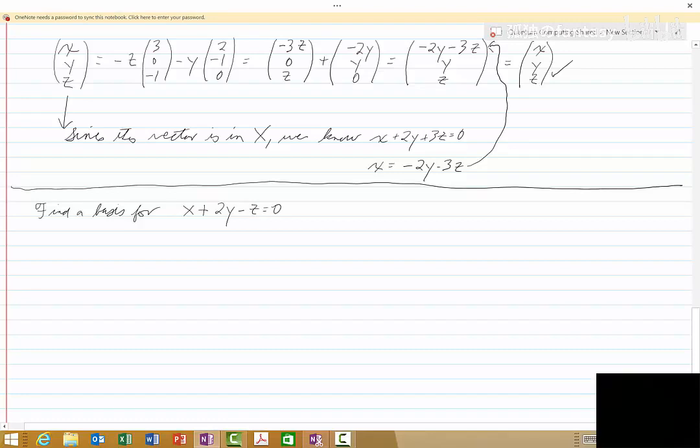Oh, I'm sorry, this is an equation here. What I want to say is, find a basis for X equals the set of all x, y, z in R3 such that x plus 2y minus z equals 0.